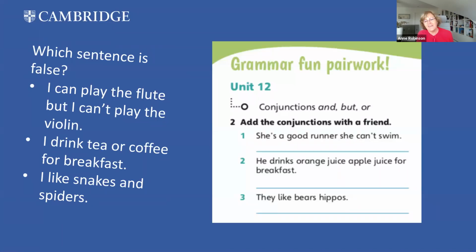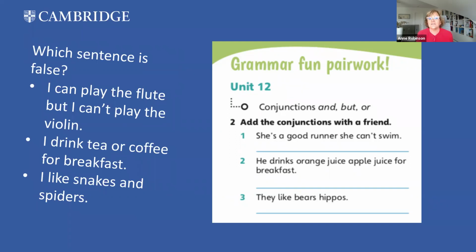Okay, I made it very easy for you, didn't I? Because I don't think anybody would imagine that I might like snakes and spiders. But obviously your students will probably choose to make it more difficult.